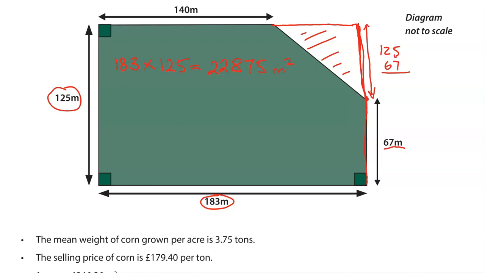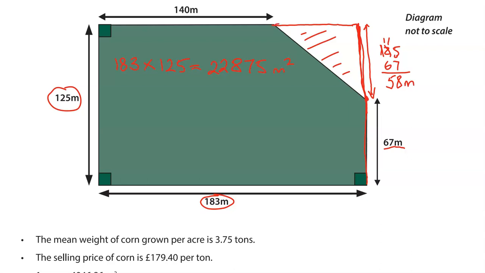So 15 take away 7 gives us 8. Now we've got 1 here, so borrow 1. 11 take away 6 gives us 5. So this is 58 meters.